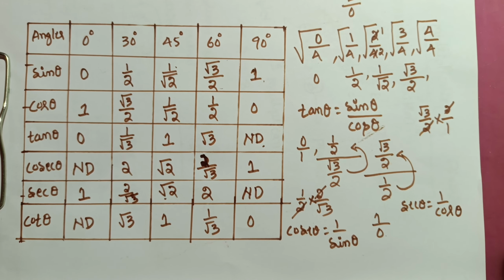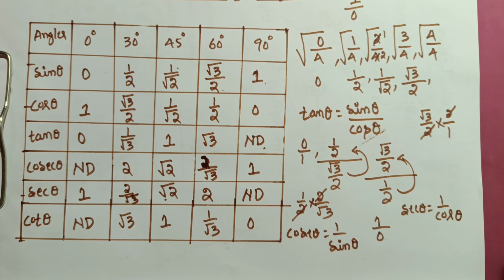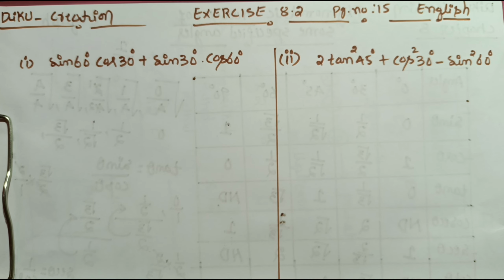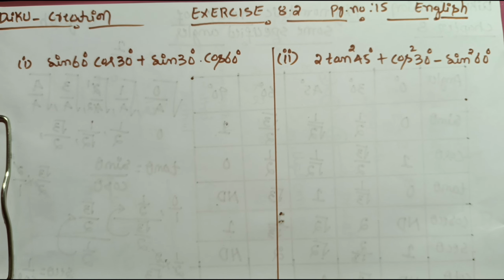This is the very simple technique we used to write this trigonometric ratio table, and this table is very essential to solve the problems of exercise 8.2. Okay, now let me take exercise 8.2 of page number 15, question number 1 and question number 2.